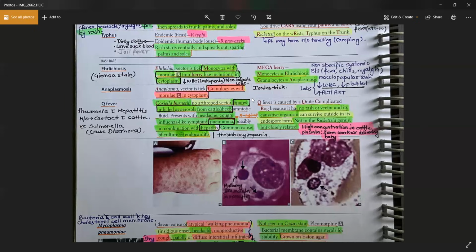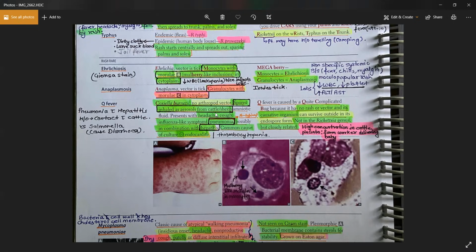It must be a patient who is a farm worker. Either they handle the dung of the cattle, or it might be a patient who is involved in the delivery from the cattle. Okay, the cattle delivery, because this bacteria is found in very high concentration in the cattle placenta. Okay, it could be a farm worker delivering the baby from the cattle, or it could be a patient who is involved in the dung of the cattle.